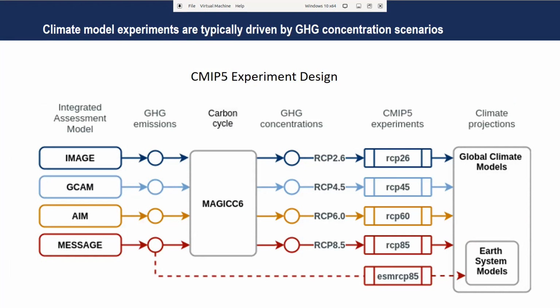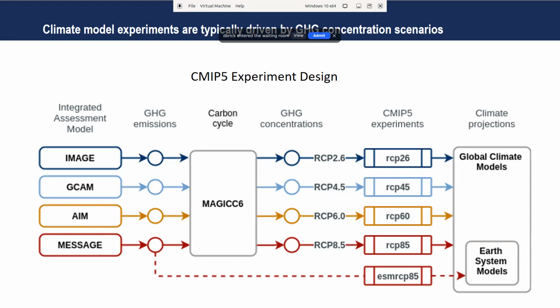And so these greenhouse gas concentrations are the boundary conditions for CMIP5 experiments. Note that there is one experiment called ESM RCP 8.5, which is fed directly from greenhouse gas emissions. So it's an emission-driven experiment. And to run that, you need Earth system models that will have full carbon cycle processes defined.